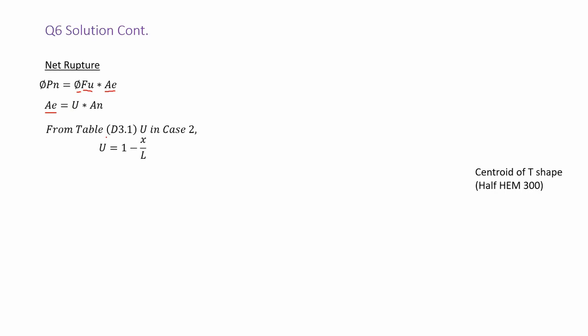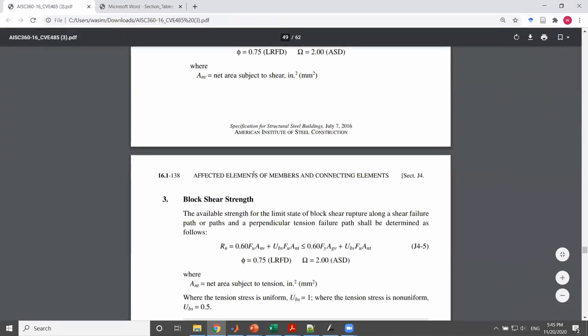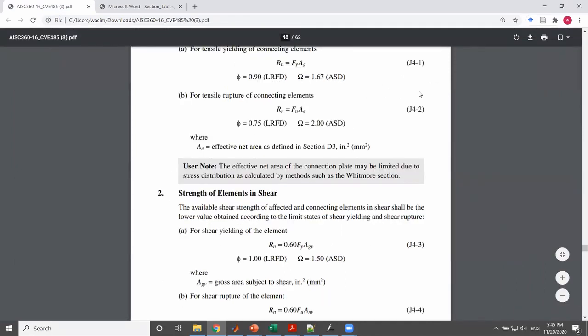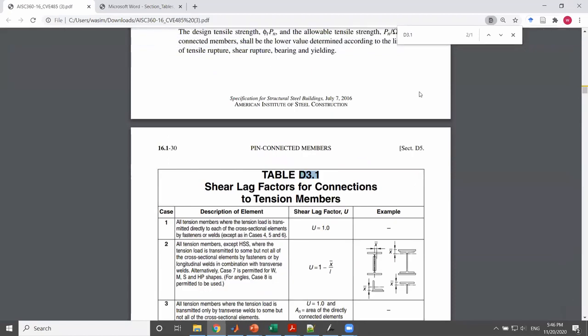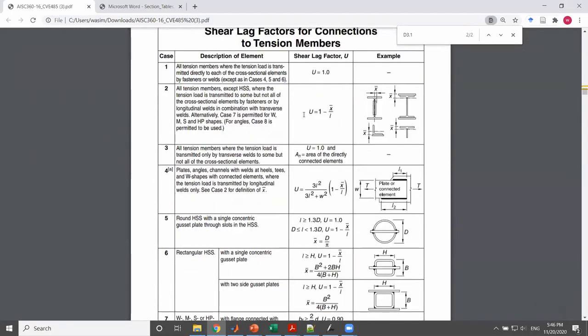We have to check it from Table D3.1 in AISC. If we go to this table and check for the shear lag, here we have case number 2, since we have a wide flange, I-shaped, section.